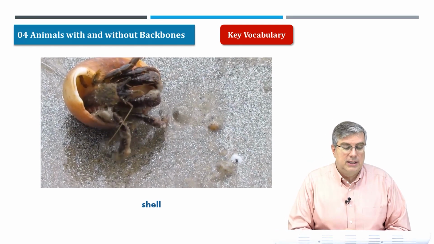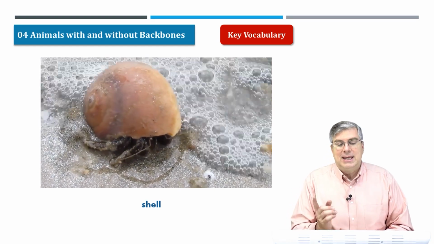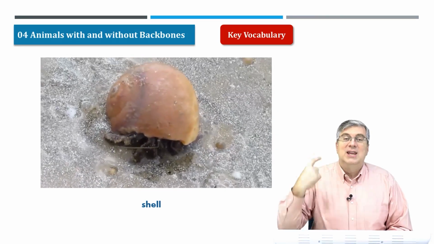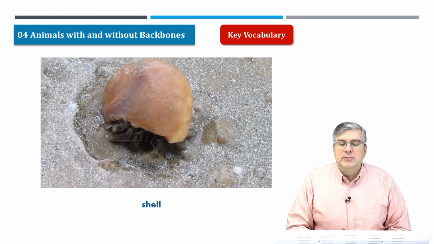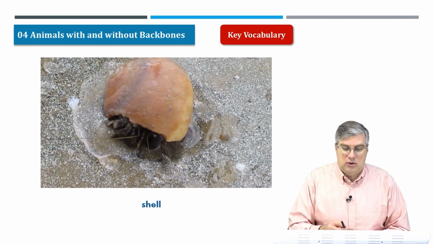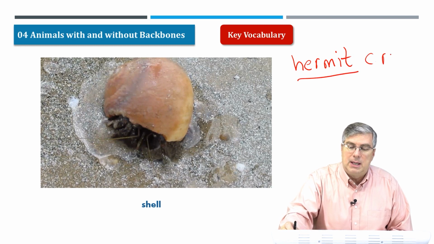Okay, let's take a look at this. This is what we call a hermit crab, right? He backed into that shell, he put it on his back, and now he's got a new home. Sometimes you can see hermit crabs, hermit, H-E-R-M-I-T, hermit crab.